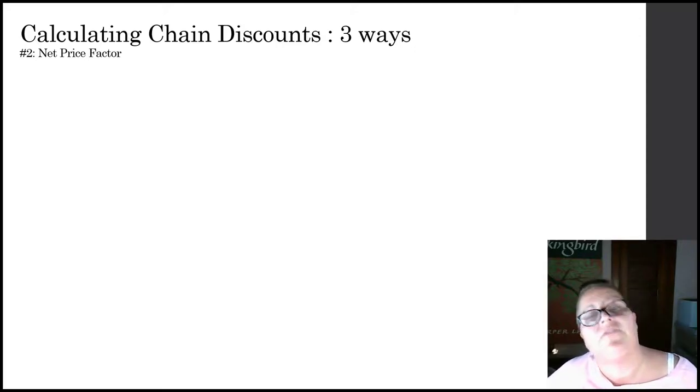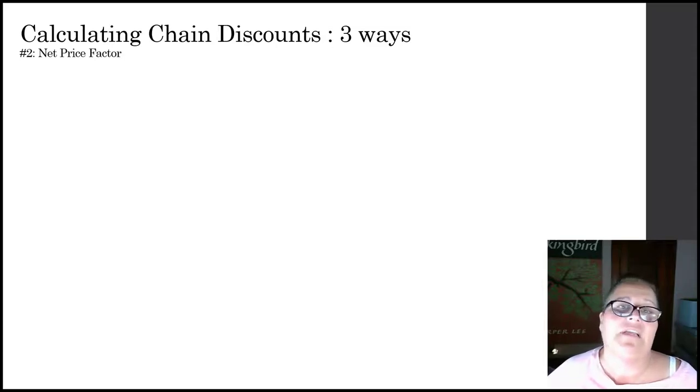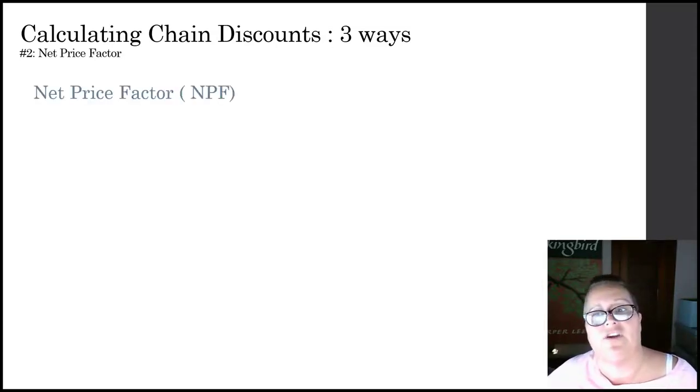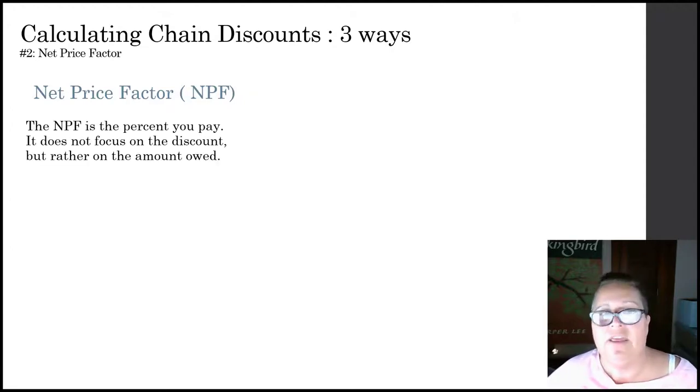So here's the faster and more efficient way. We're going to calculate a net price factor. The net price factor, or NPF, is the percent you pay. It does not focus on the discount, but rather it focuses on the net price, or the amount left to pay.